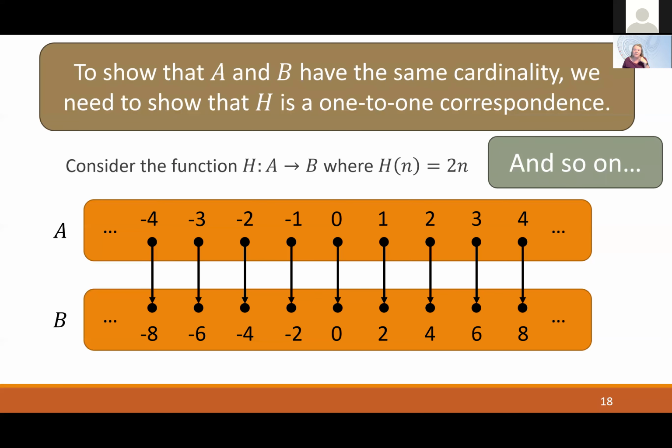We could keep going, but keep in mind to show that A and B have the same cardinality, we need to show that there is this one-to-one correspondence. So we have a good idea here. We have a function, h. You used different notation, but I understood what you meant. So basically our function is we're going to take the number in set A and multiply it by 2. And so our function is h of n equals 2n.